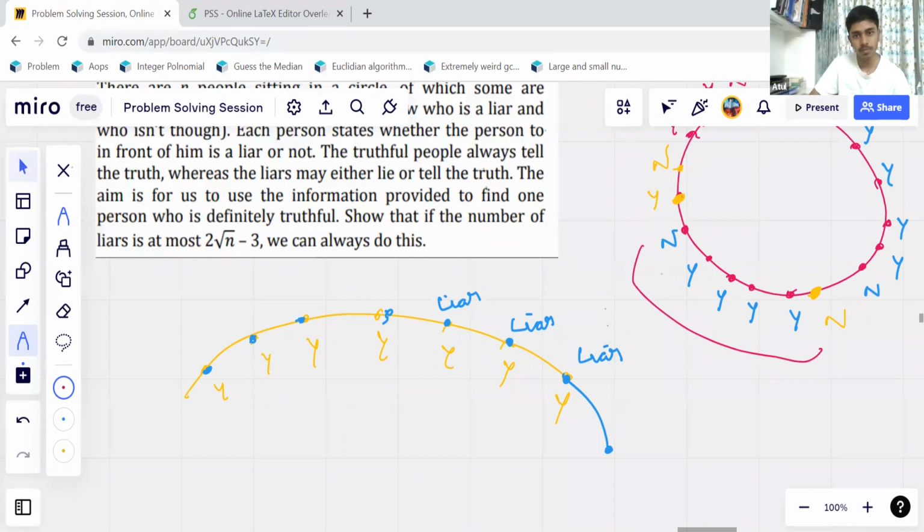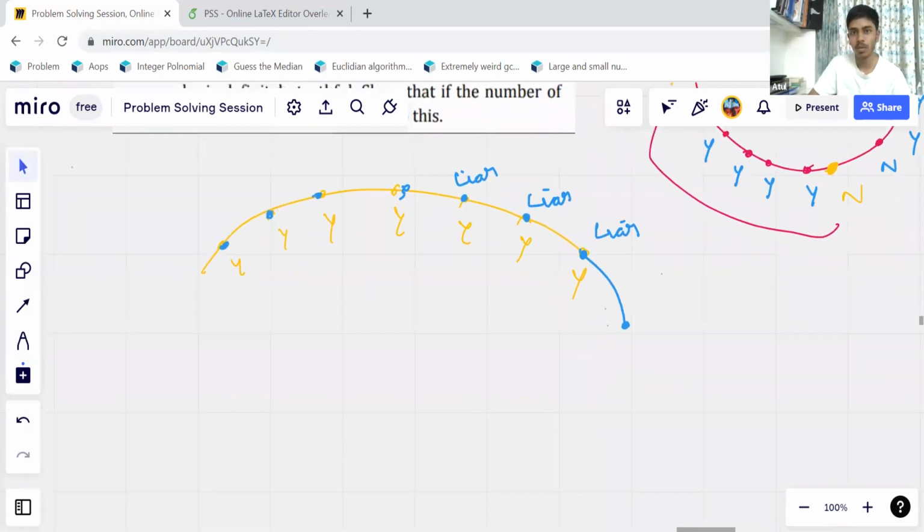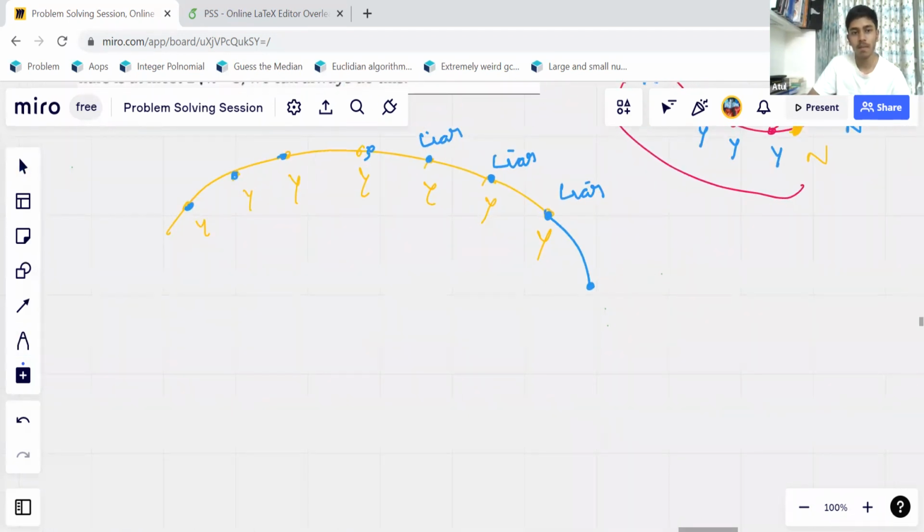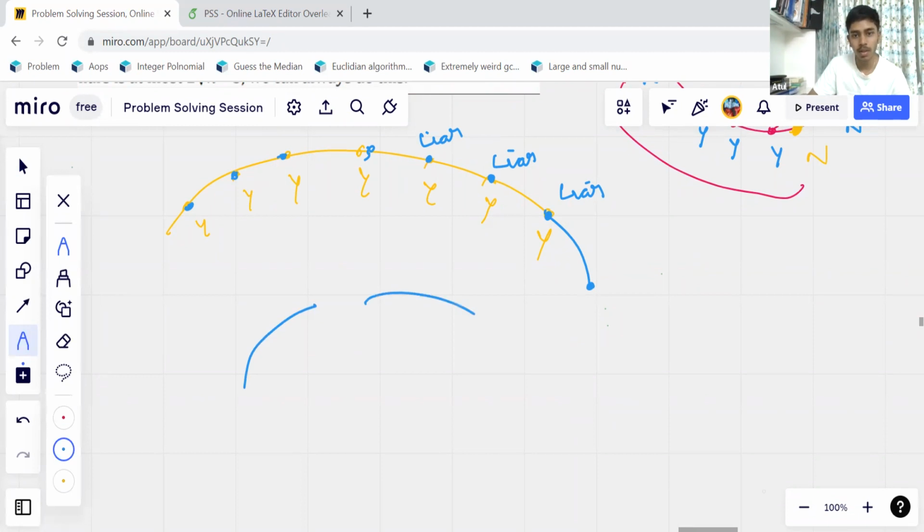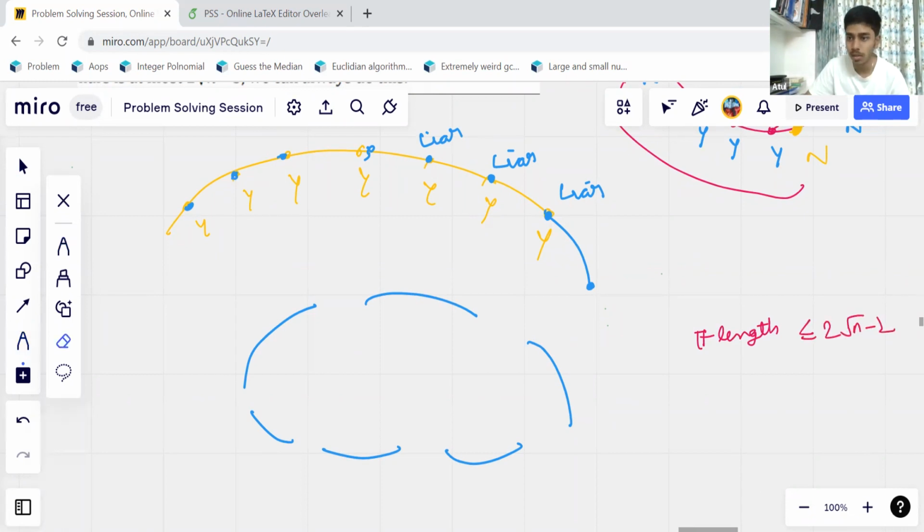But maybe there should. Okay, so if we don't have a long chain, then let's just break this up into chains of yeses, and we know every chain has length at most 2 root n minus 2.